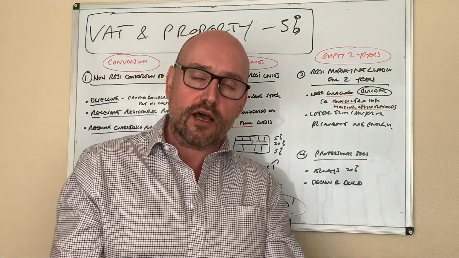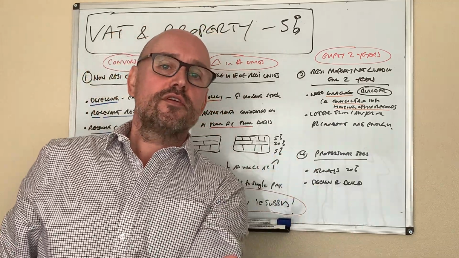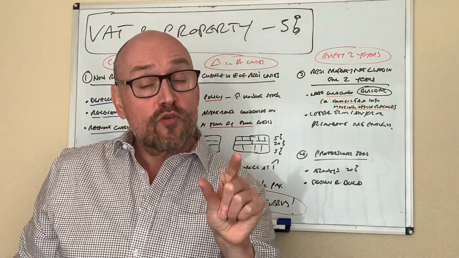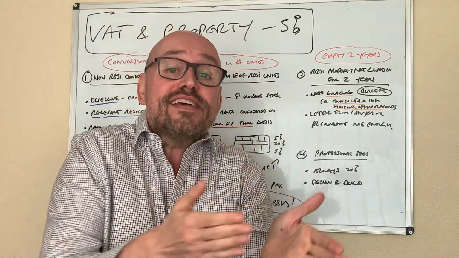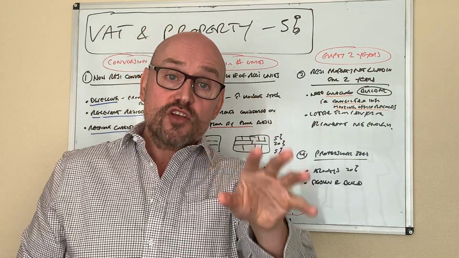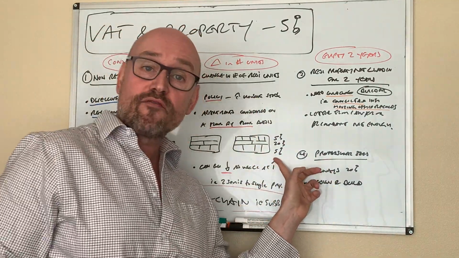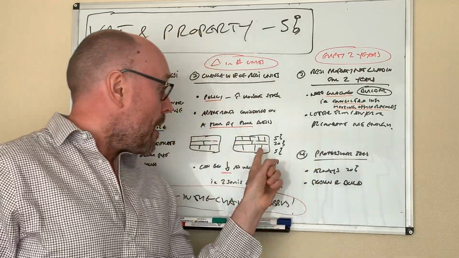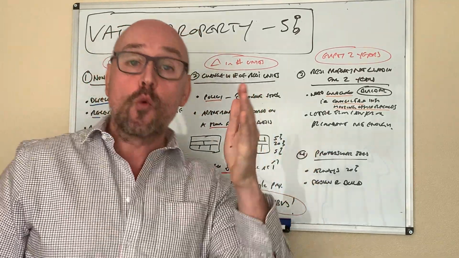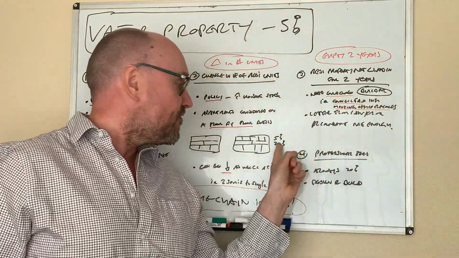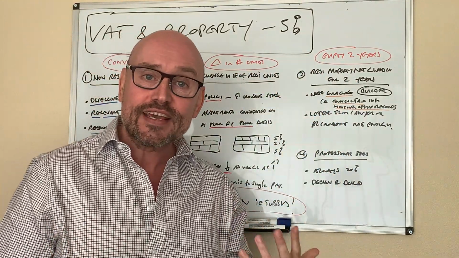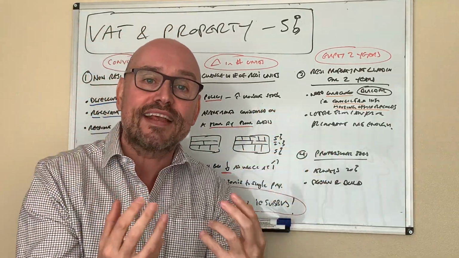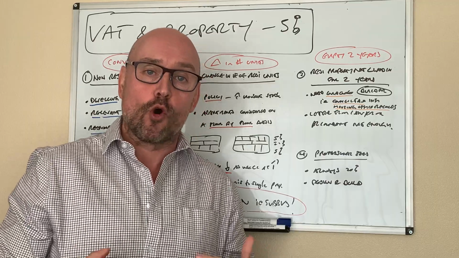So the poor builder who struggles with his VAT calculations and his VAT paperwork at the best of times has actually got to provide a VAT invoice for his services to the developer that says work done on the ground floor plus 5% VAT, work done on the first floor plus 20% VAT, and work done on the top floor 5% VAT. You see how confusing it is? Because there's been no change in the number of dwellings on that middle floor.